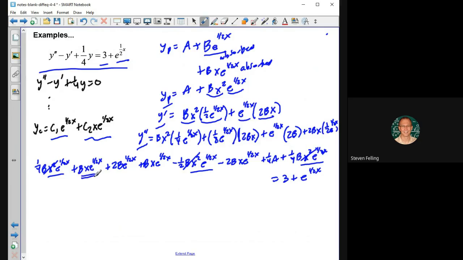So that's this one, and this one. So 1, 2, minus 2. Those are also canceling. Good. Okay, and then I've got this, which is an e to the 1/2 x term. And that's the only one.